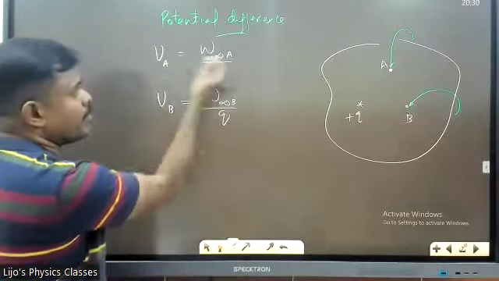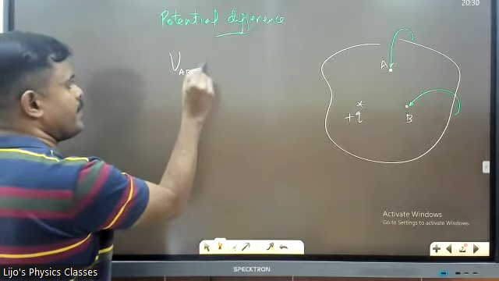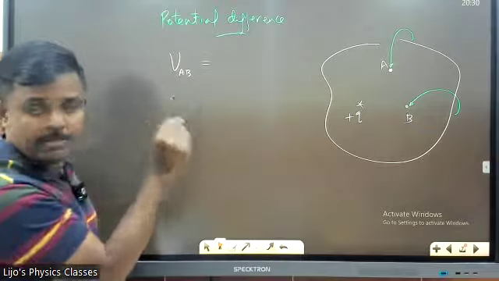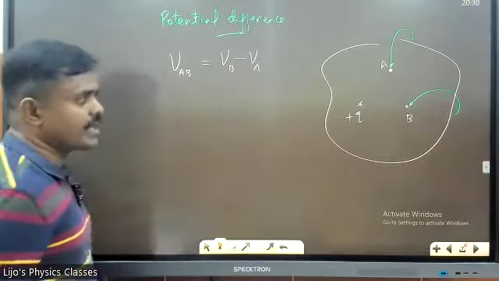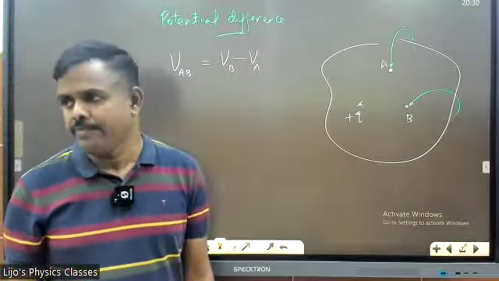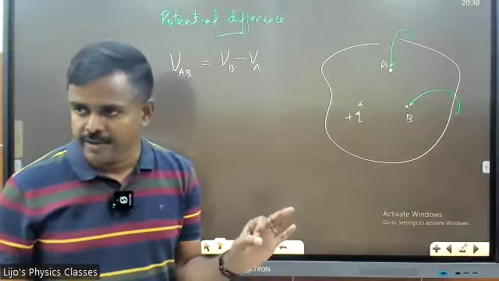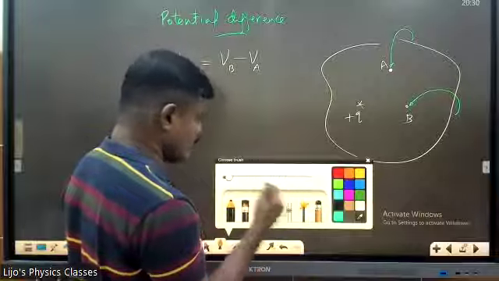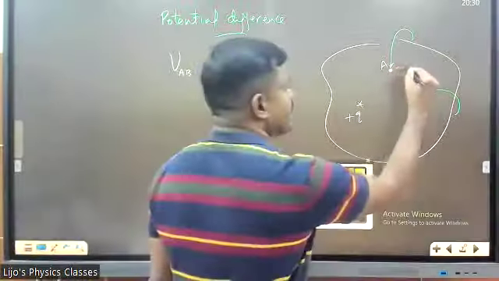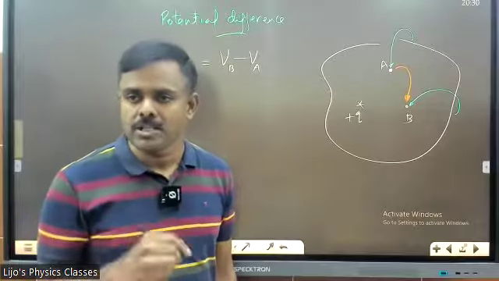Now I'm telling you about potential difference. Potential difference VAB. What is potential difference between A and B? It is VB minus VA. Potential at B minus potential at A. And you can show that it is the work done in moving a charge from A to B. Which charge? +1 coulomb.